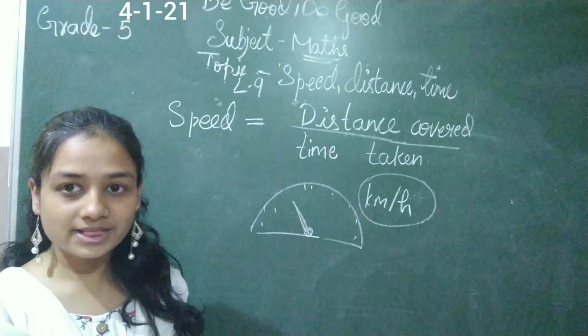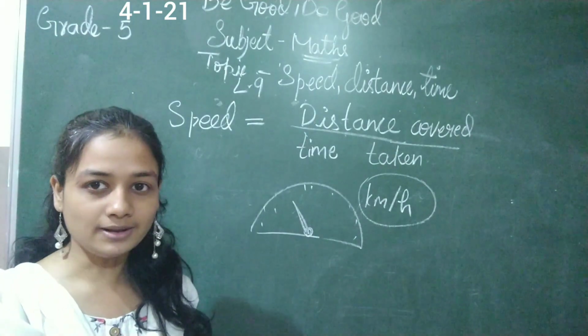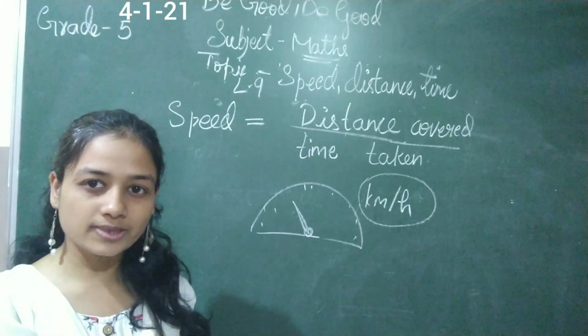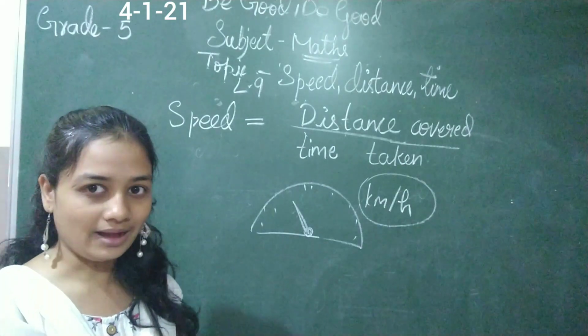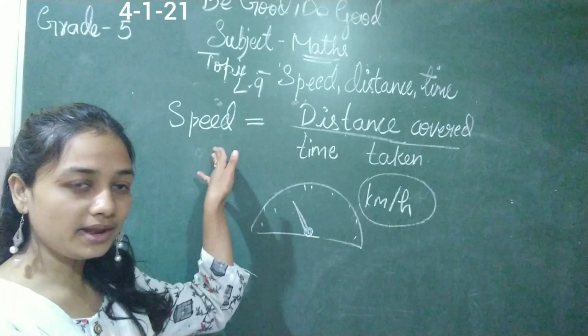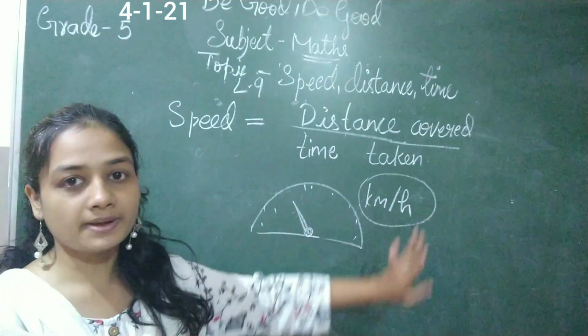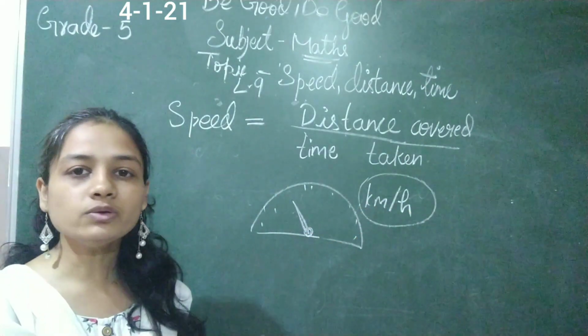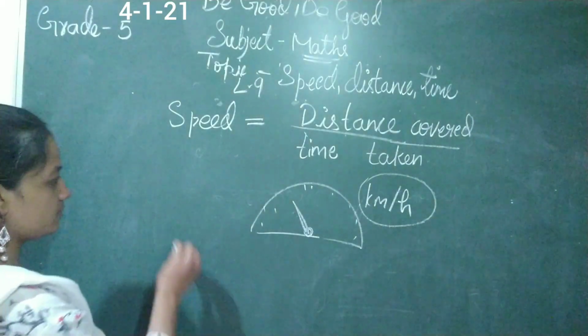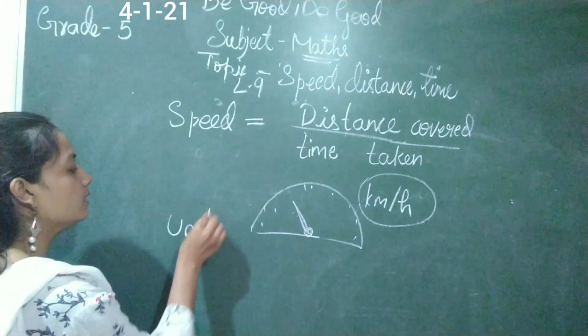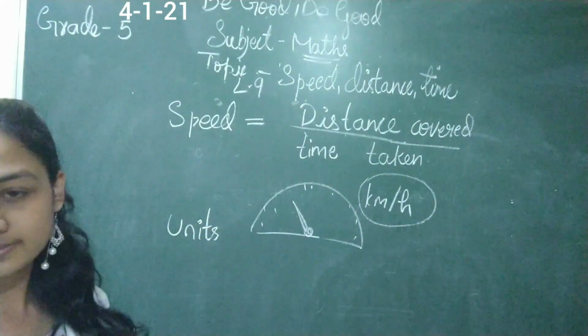This is nothing but the unit of speed. Like for length, what unit do you use? You measure length using meters or centimeters. Just like that, for measuring the speed, we use kilometer per hour, and also some more. So let us see now what are the units we use to measure speed.